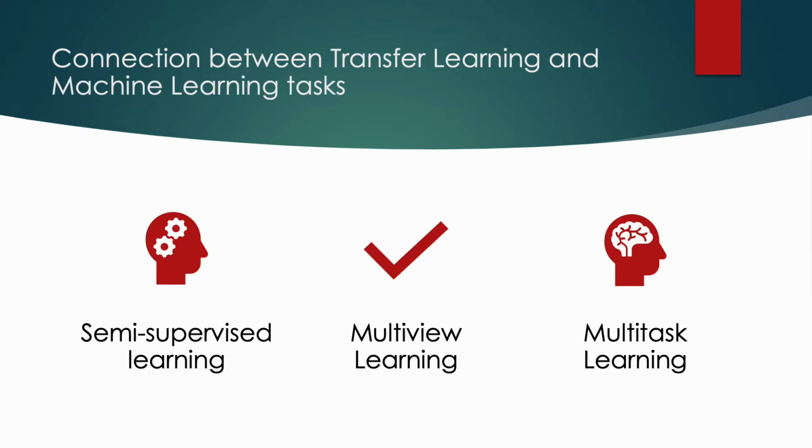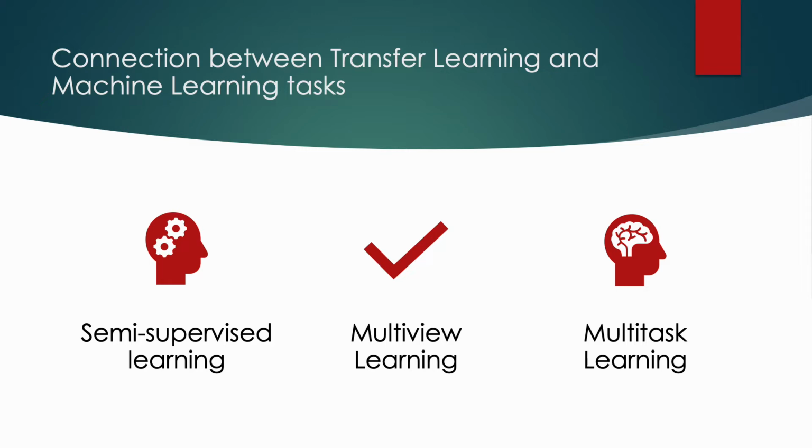There is a connection between transfer learning and machine learning tasks. First, we'll talk about semi-supervised learning. So, what is semi-supervised learning? Supervised learning consists of completely labeled instances. Unsupervised learning consists of no labeled instances. Semi-supervised learning basically reduces the labeling cost because it reduces the dependency on labeled instances.